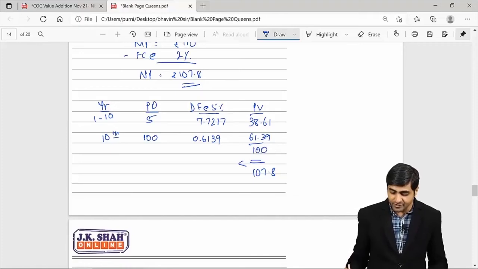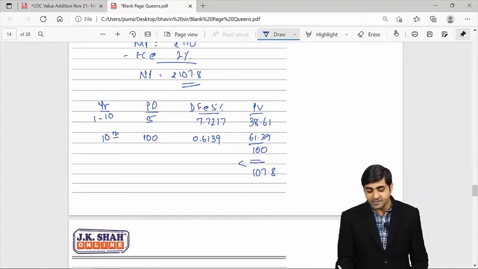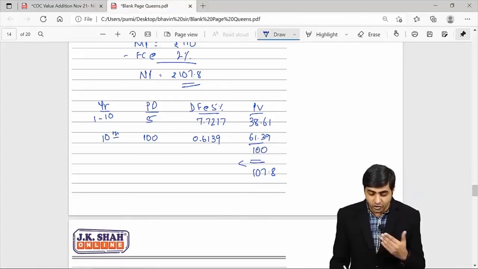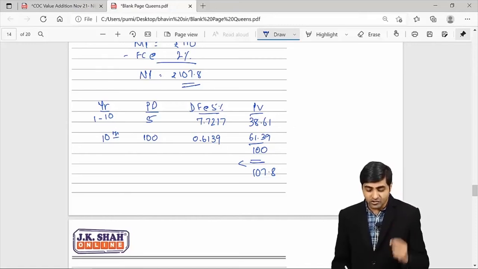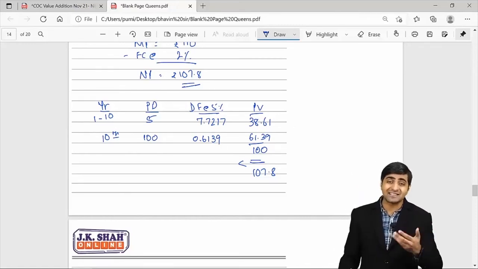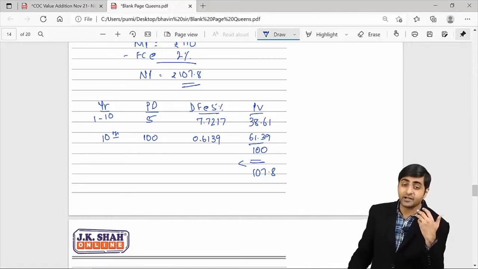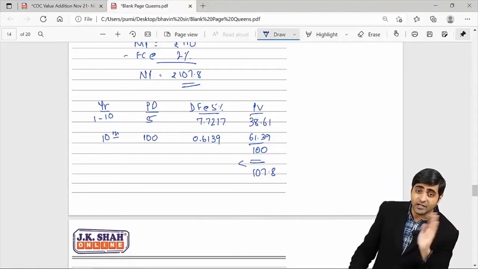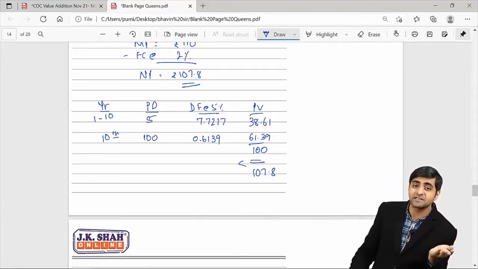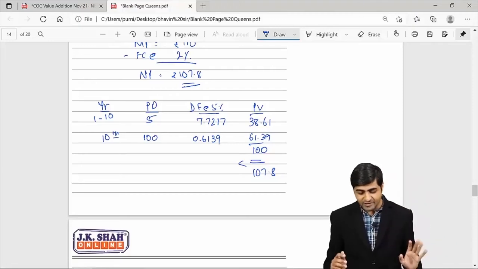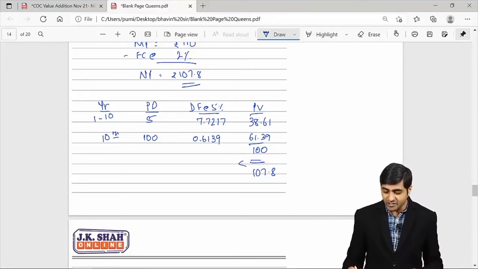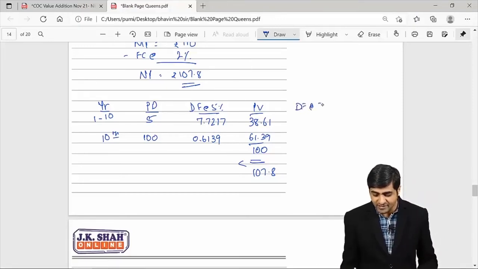So guys, what has happened here is that at 5% we have discounted a little more, because of which your PV is coming as less than 107.8. Now basically we have to reduce the discounting factor so that the PV of CI shoots up. So at 5% we tried and this is not matching. Now let us try this at, let's say, 3%.